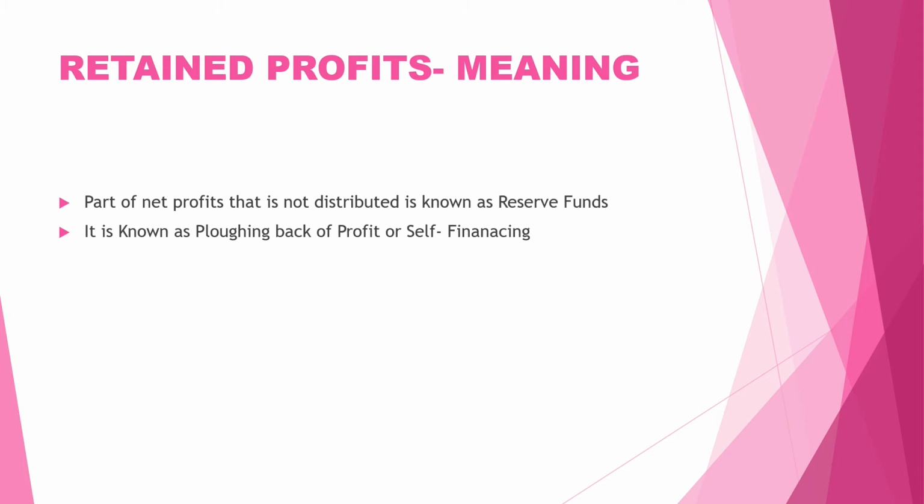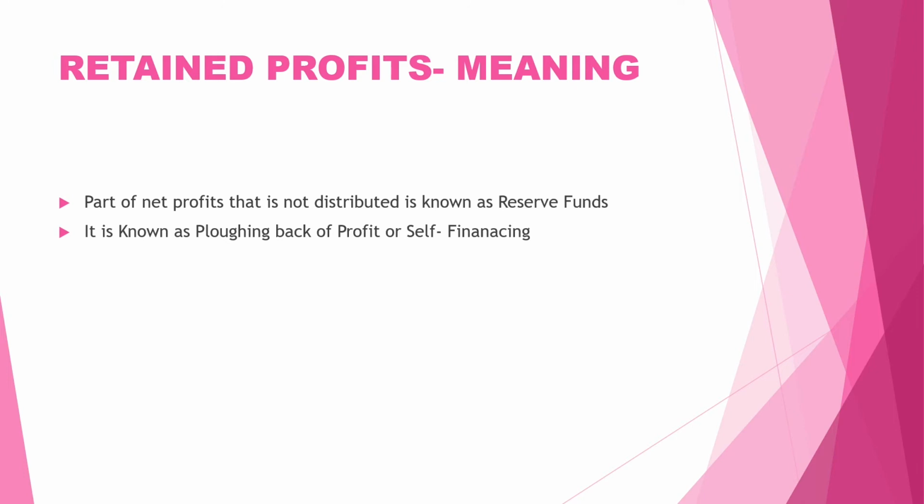Therefore, this concept has come from there, where in ploughing back of profits, a certain part of the profits the company is earning is kept aside. This is the mud of the farmer, and the profits kept aside are brought back into the business.